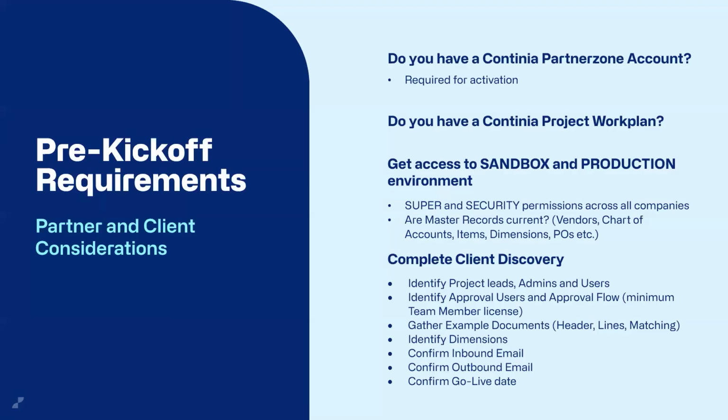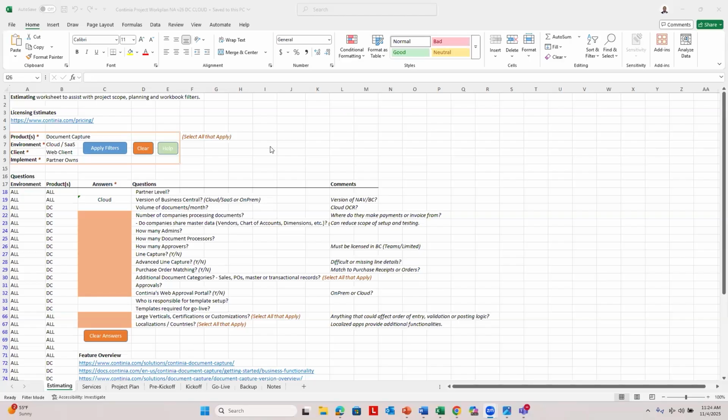Okay. So now I'm going to switch screens here, and now I'm going to share what is known as the Continia project work plan. So you should see an Excel document here. This is the Continia project work plan. As I've mentioned, this is an internal document created by Continia that you as the partner could get access to.